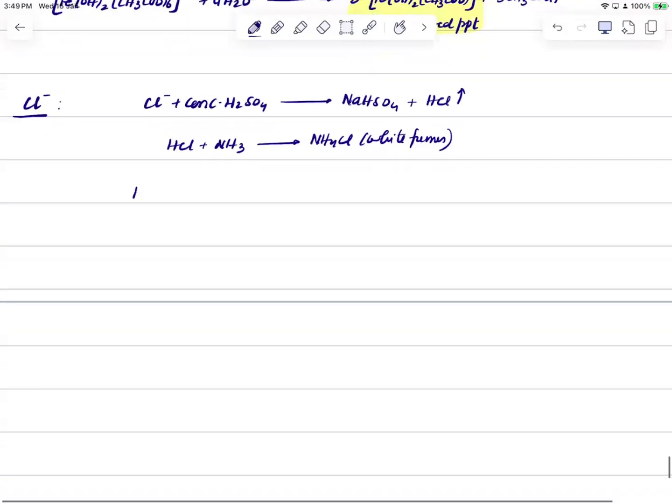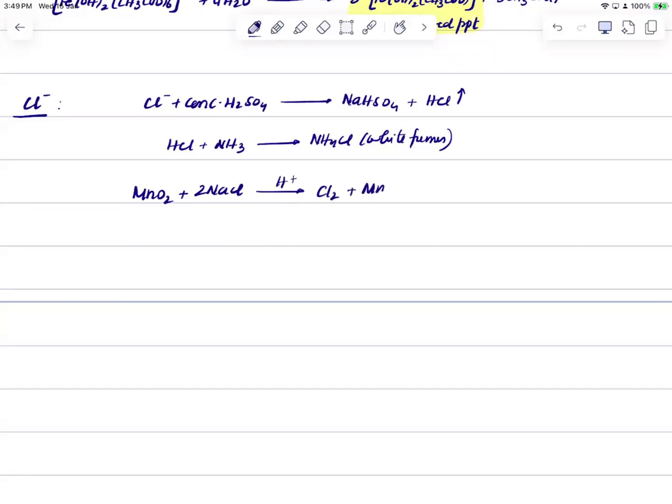Next, we can also use MnO2 to oxidize this. So if there is any chloride salt in acidic medium, it will get oxidized to form Cl2 and MnSO4. And this Cl2 is the gas which is evolved, which has a pungent greenish yellow smell.